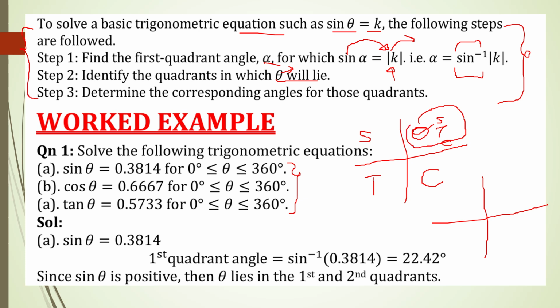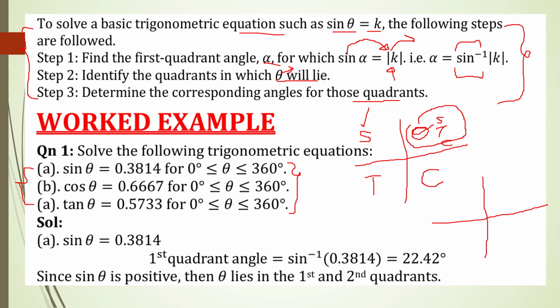Then to get the other angle, we determine a quadrant which has a positive value of that kind. But don't worry, we are going to look at that in detail in these examples. Step 3 is to determine the corresponding angles which are present in those quadrants. So now let's look at the worked examples.